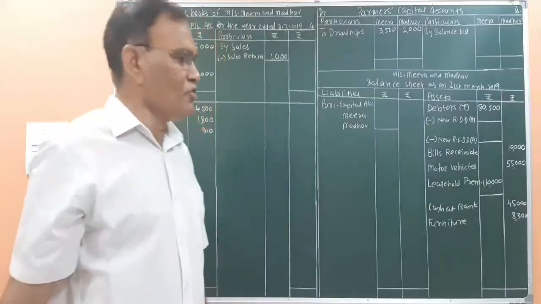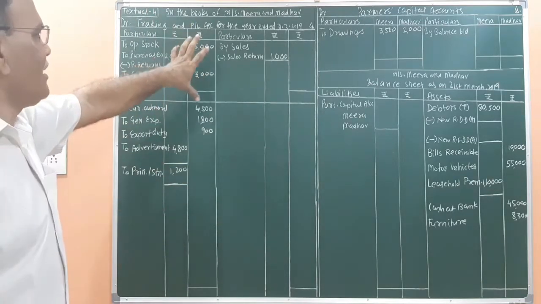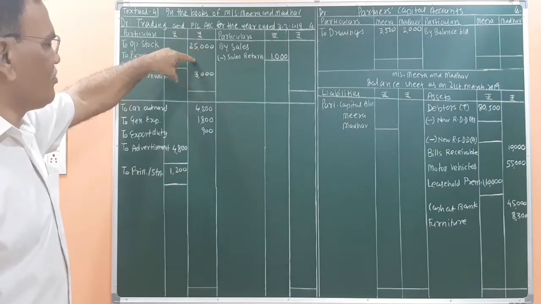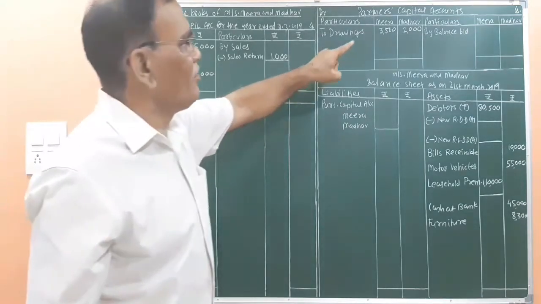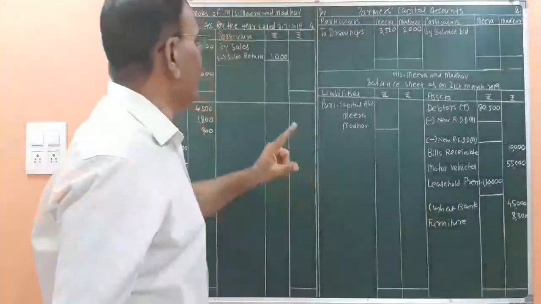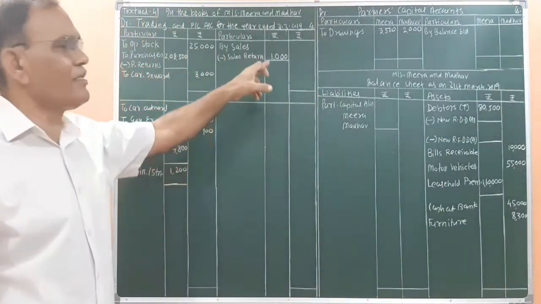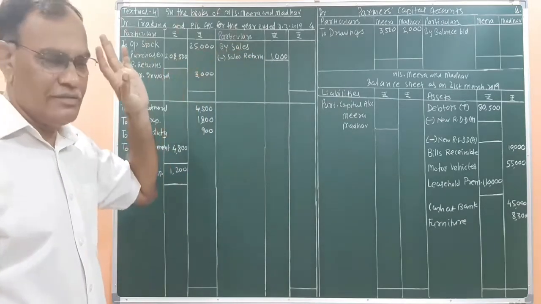So our debit side is over. You can see that all the figures are transferred on the debit side. This is the debit side of trading account, debit side of profit and loss account, then debit side of capital account, and asset is a debit side. Only one item I have subtracted, sales return. It is a debit item but appearing on the credit side.